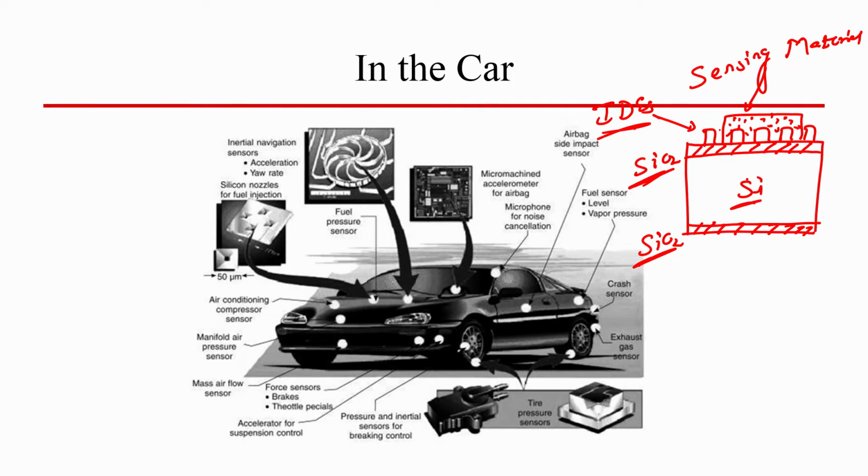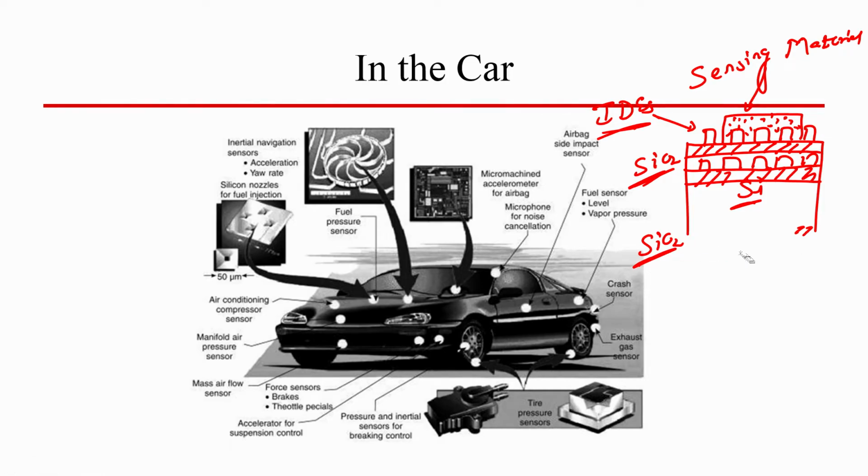Now, if you want to improve the sensitivity, and the sensing material does not work at room temperature, you can add a heater to it. If you add a heater to it, then you have to perform micromachining. So, in that case, you have a heater, you have silicon dioxide. On the heater, there is a contact to the heater, there is a cross section, do not worry about it.